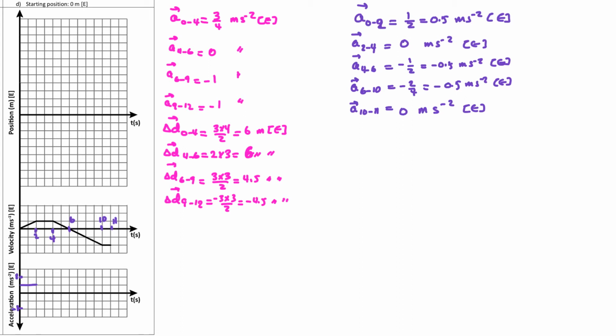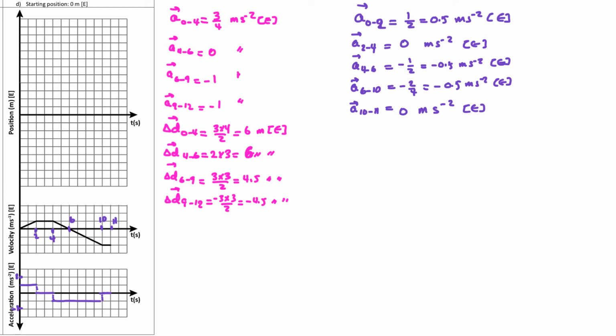And then 0 for the next 2 seconds. And then -0.5 for the next 6 seconds. So 1, 2, 3, 4, 5, 6. And for the very last one is 0 again. Good. Connect them using dotted lines.